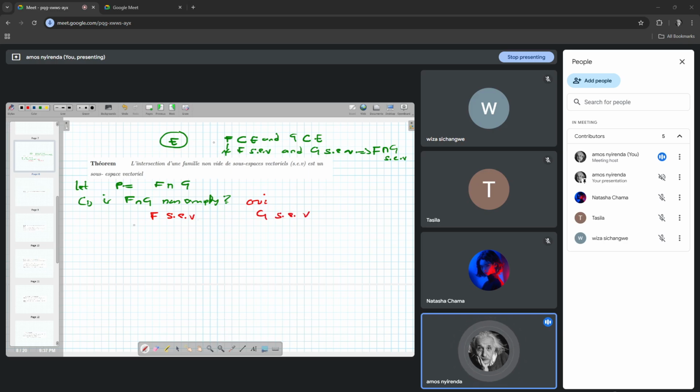If you remember what I said, if F is a sous-espace vectoriel, then automatically the zero element of E is in F. Same here, because G is a sous-espace vectoriel, the identity element of the parent space is also going to be in G. So if the zero element is in F and the zero element is in G, it means that the zero element is going to be in F intersection G. So this implies that F intersection G is non-empty.